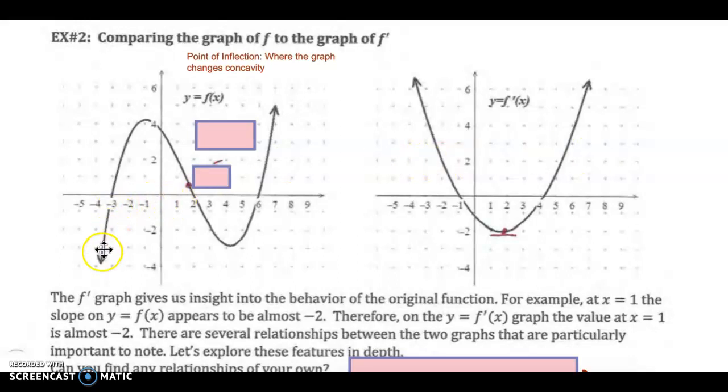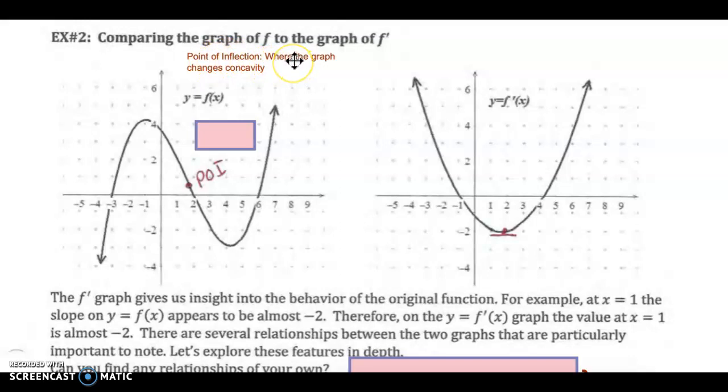So when a graph opens down like this, this is concave down. And when it opens up, that's concave up. So a point of inflection is right here in the middle where it stops being concave down or up and changes direction. That's right in the dead center of where it changes, okay? So this is your POI or point of inflection, okay?